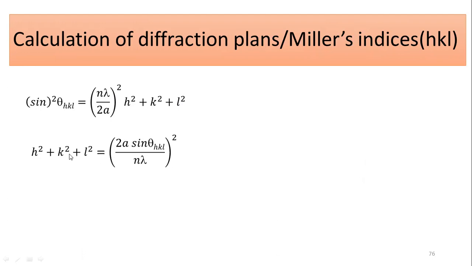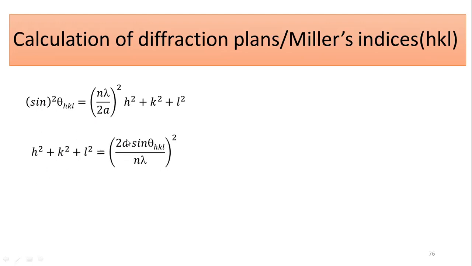So h square plus k square plus l square will be equal to this. You have to multiply this, and this will be divided. These are all square values, which is why I have taken the square of the whole parameters. So by using this equation, you can also calculate the HKL values.